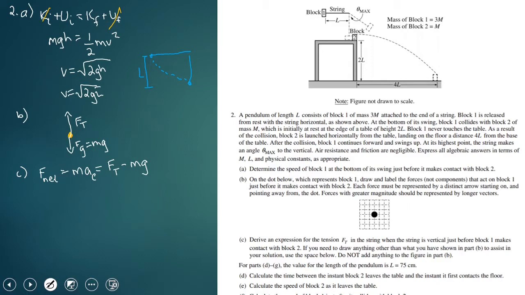So our force pointing towards the center is Ft, pointing away is mg. Okay, and so m v squared over r, right? So that's centripetal acceleration is equal to Ft minus mg, and so I'll write it to the side. Ft is equal to mg plus mv squared over r.